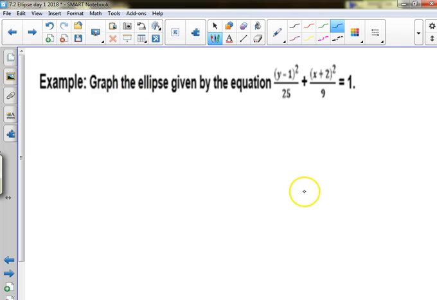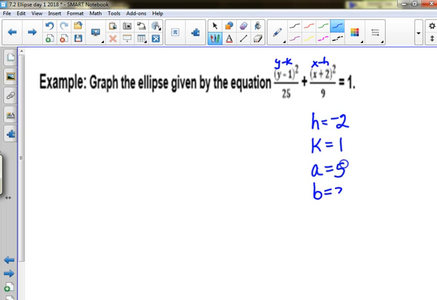So what can you tell me about my example right up here? It's already done on your paper, so just look up here and help me. Can you tell? It's already in the wrong order, right? But that just means this is y minus k and this is x minus h. So h is what? -2, k is +1, okay? A is 5, because that's a squared.